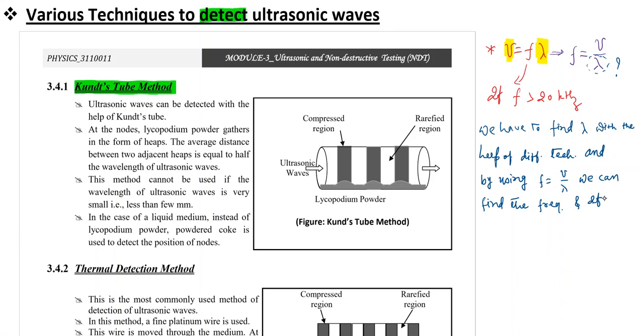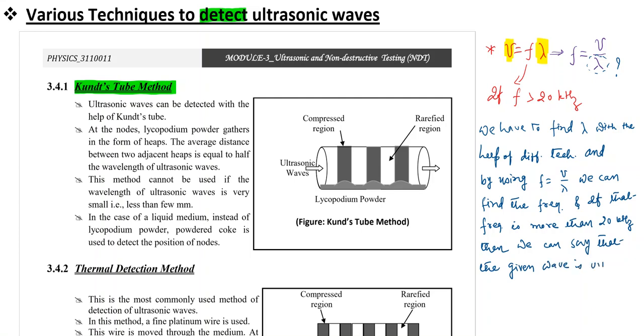If that frequency is more than 20 kilohertz, then we can say that the given wave is ultrasound. So this is how we can detect whether the wave is ultrasound or not.